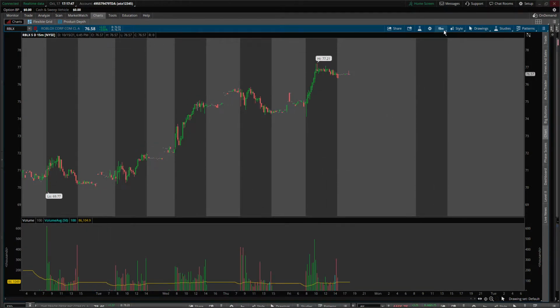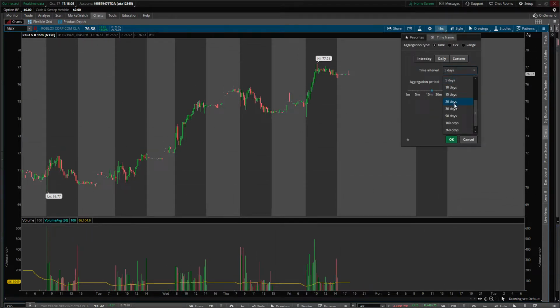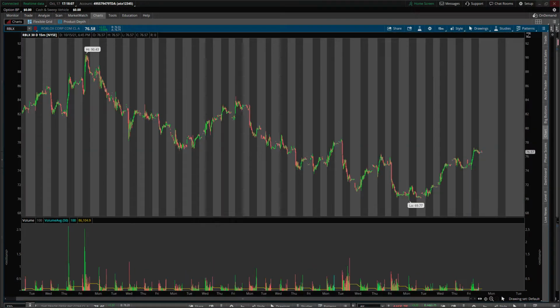If you're looking at this 15-minute chart, 5 days, this is not enough to get some solid consolidation. I don't even see 2 days of consolidation in this range right here. So what we're going to do is increase the days to, let's go for 30 days.